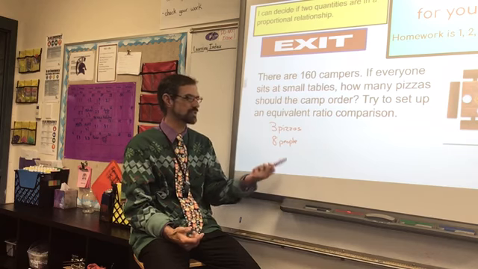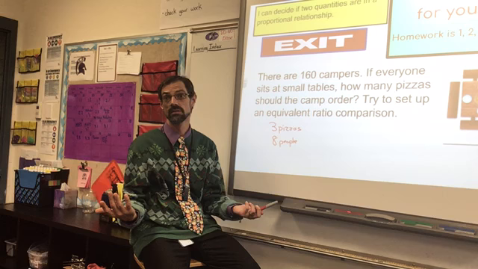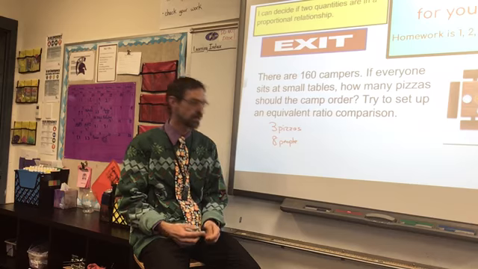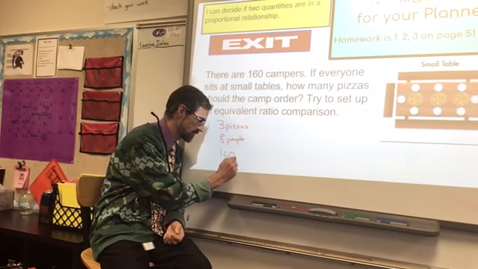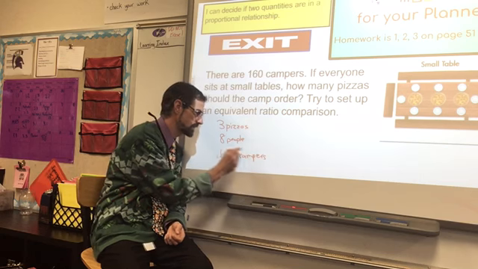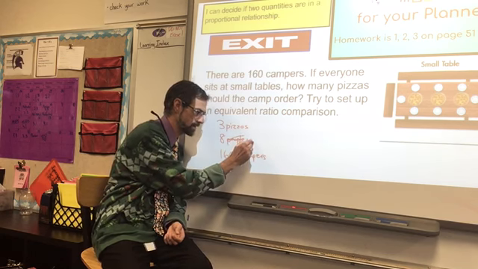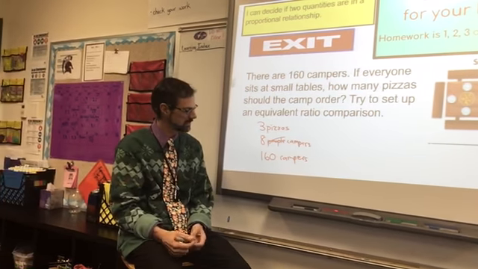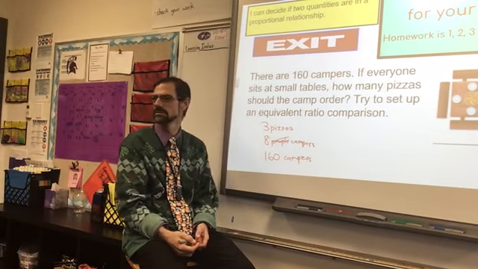What else do we know? I know one more thing. Yeah? 3 pizzas per 8 campers, and 160 campers. Yes. So we can change that people to campers, right? So what's the question?